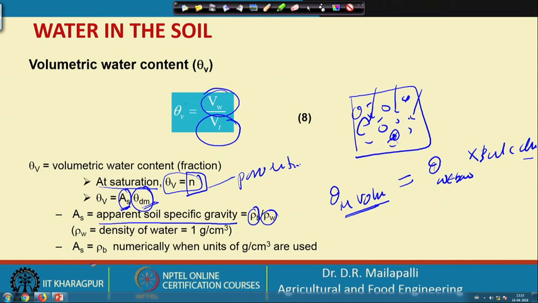Since the density of water is equal to 1, the apparent specific gravity is equal to the bulk density of soil. So simply, the volumetric basis is equal to the bulk density of soil multiplied by the moisture content in dry basis.